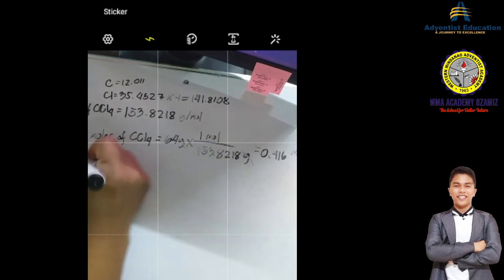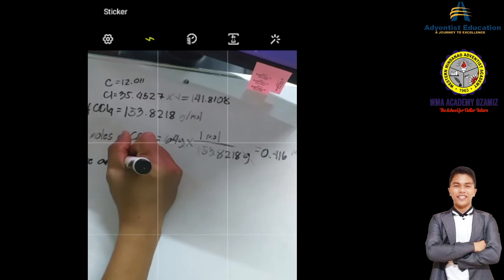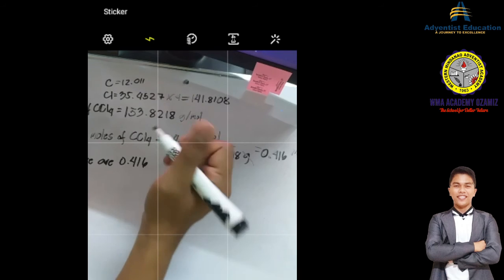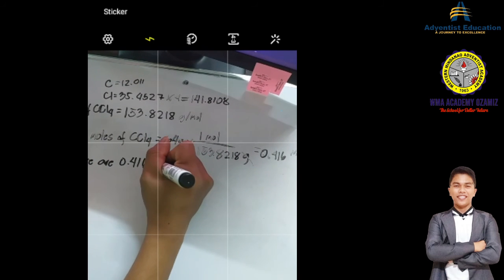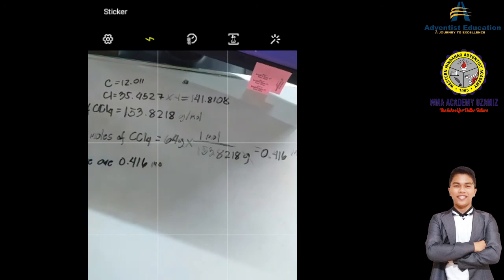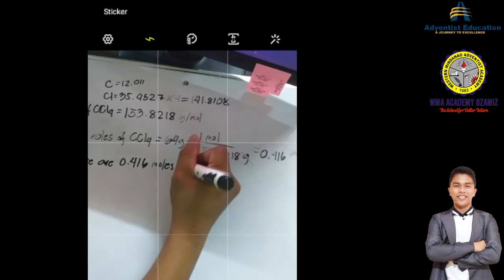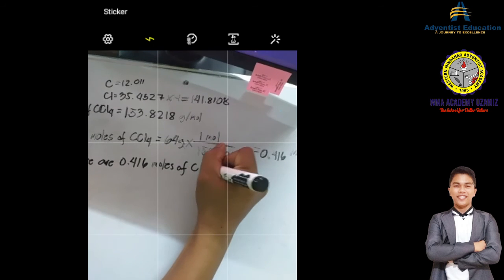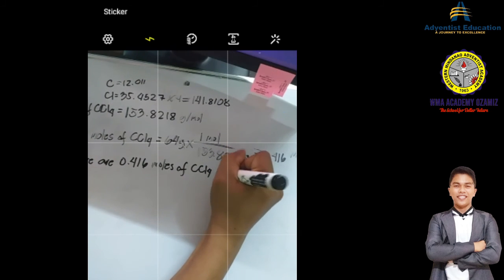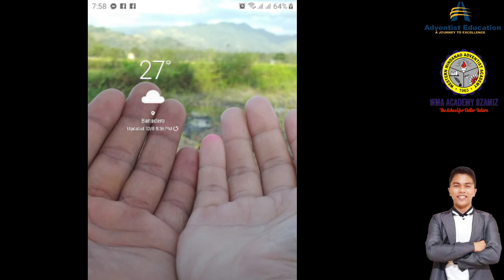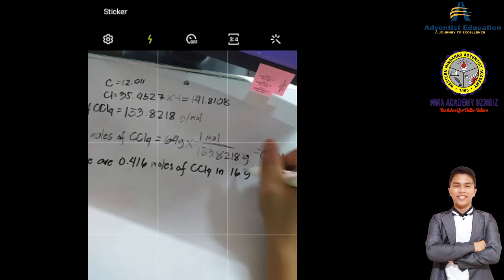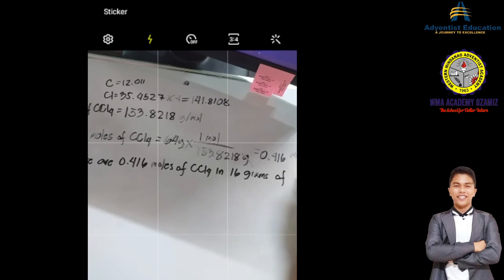So that means our answer now is there are 0.416 moles of CCl4 in 64 grams of CCl4.